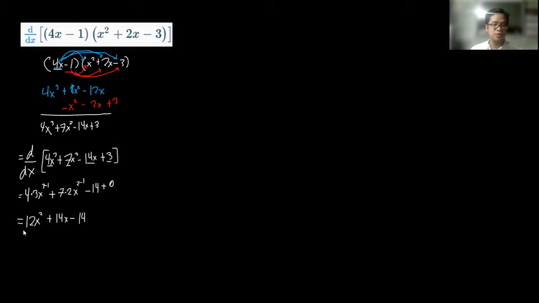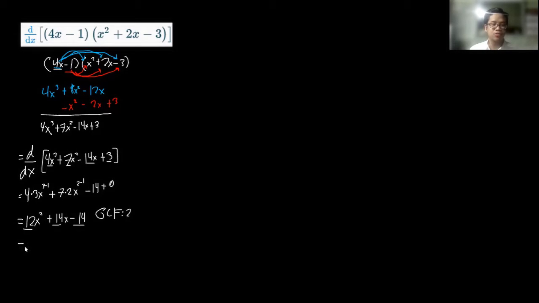Since you have 12, 14, and negative 14, all three of them have something in common, which is their common factor, because all three are divisible by 2. So basically, their GCF is 2.